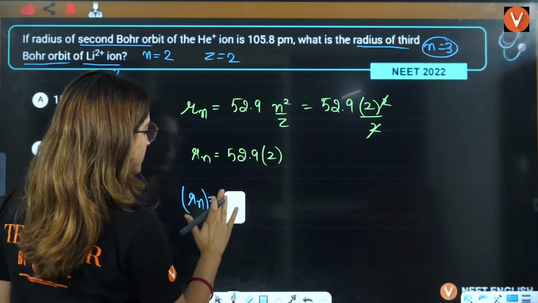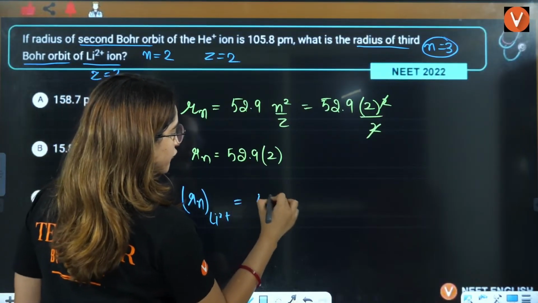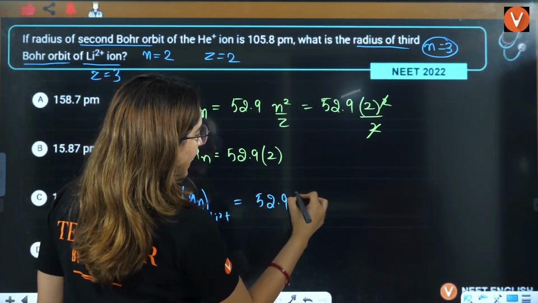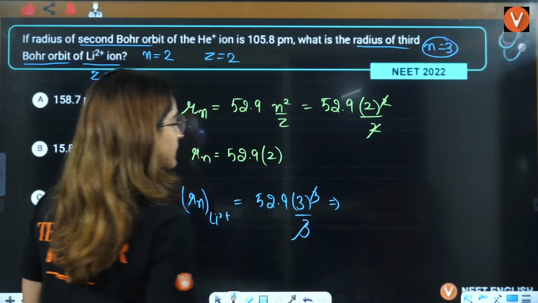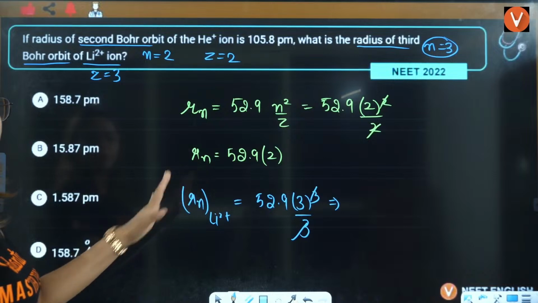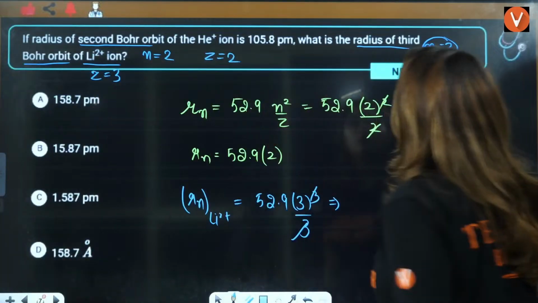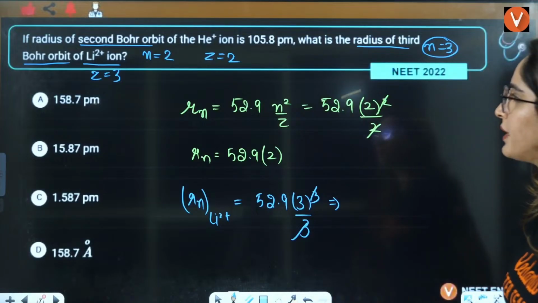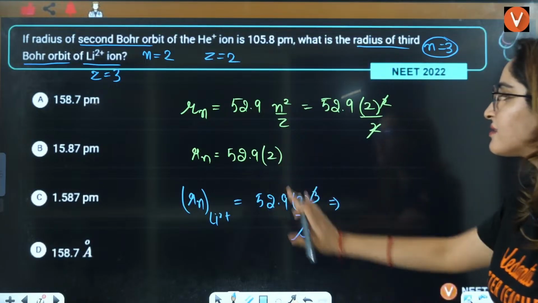Lithium 2 positive, it is going to be 52.9. n square is what? 3 square by 3, right? Okay. So this will be multiplied by 3. Okay. Is it the third Bohr orbit of lithium? Yes. Now you need to add this 3 times.